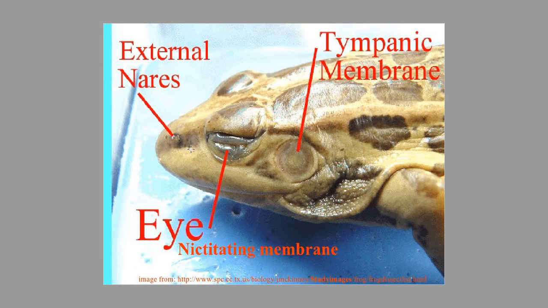Behind the eye on either side is a circular patch of tight skin called tympanum, or eardrum, or tympanic membrane.